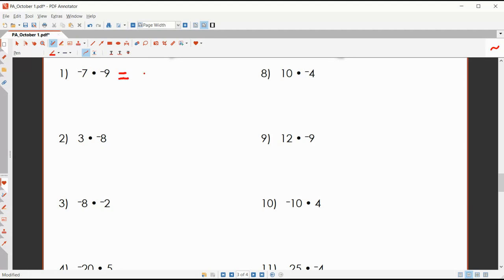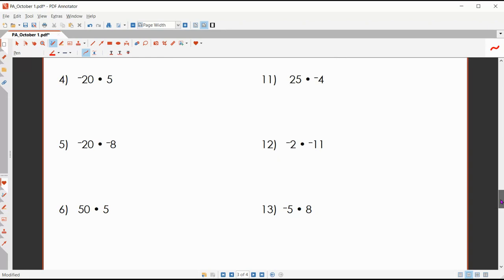-7 times -9 is a positive 63. 3 times -8 is -24. -8 times -2 is a positive 16. -20 times +5 is a -100. -20 times -8 is a positive 160.